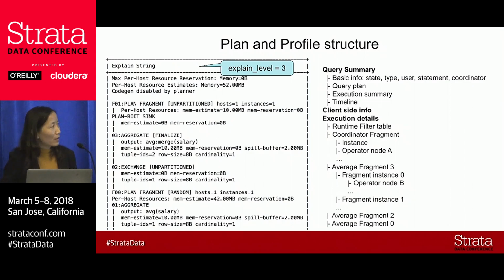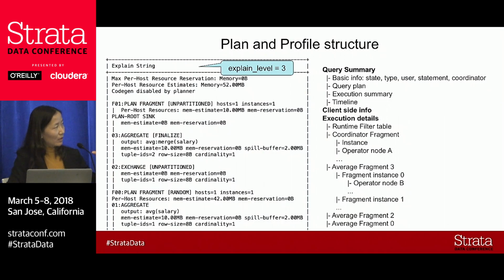Okay, I think we already finished the plan part. The profile side, the basic structure is also a tree structure mapping to the query plan, but it has some summary information at the top. So it has all the basic query information. For example, which user is executing the query, which node is used as coordinator, what's the type, and what's the query status.